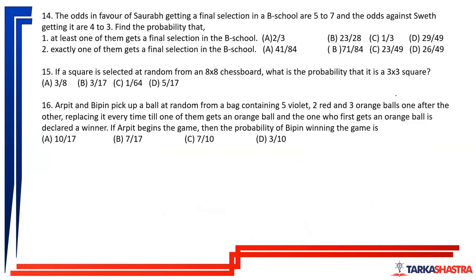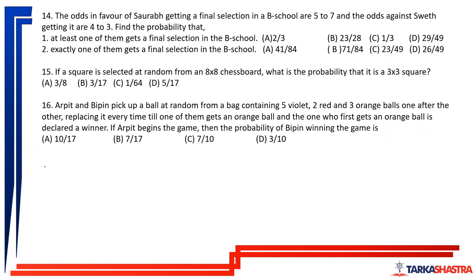Moving forward to 14th question. The odds in favor of Saurabh getting a final selection in a B school are 5 to 7, and odds against Shwet getting it are 4:3.